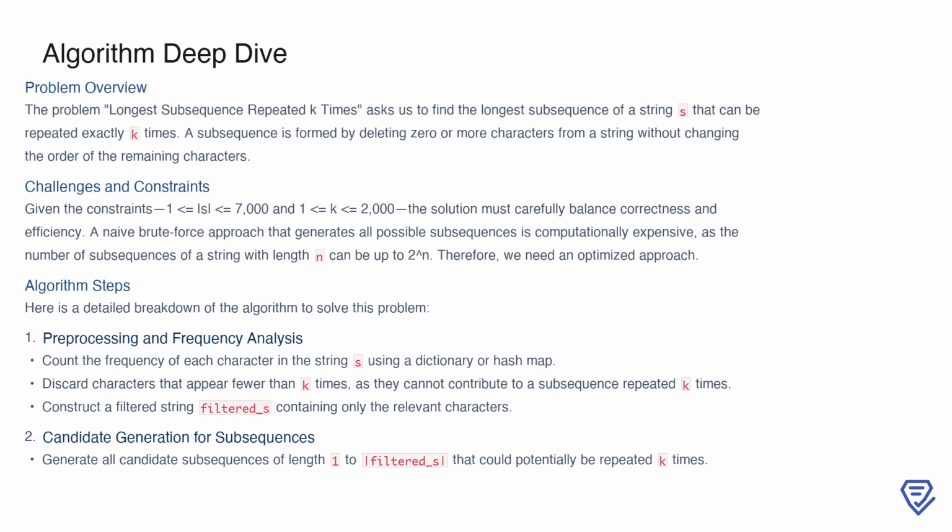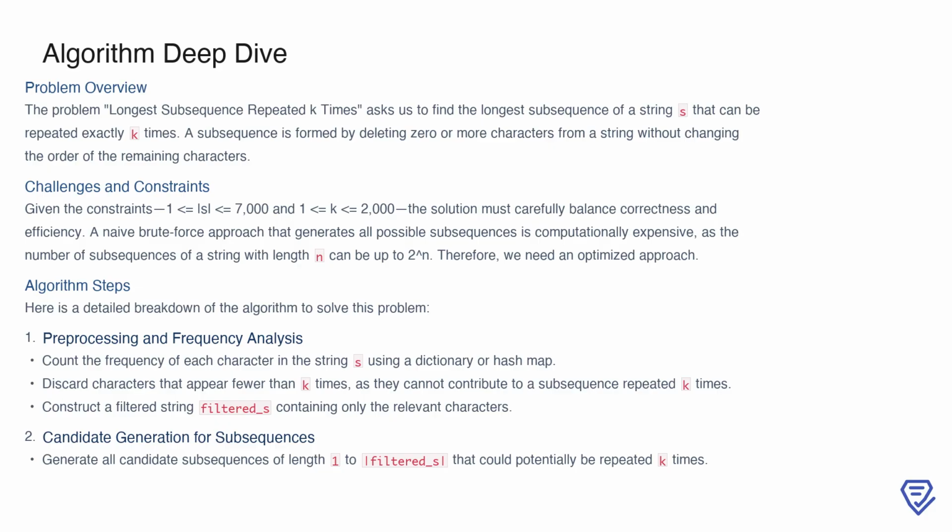To solve this problem efficiently, we need a more optimized strategy. The solution involves pre-processing the string to reduce the search space, systematically generating candidate subsequences, and validating them while maintaining a balance between correctness and efficiency. Let's break it down step by step, starting with pre-processing and frequency analysis. First, we count the frequency of each character in the string using a hash map.